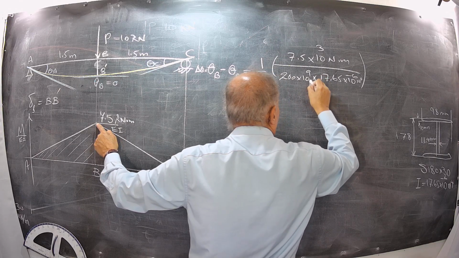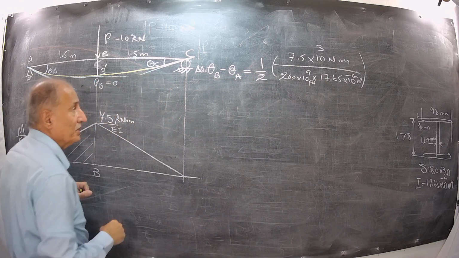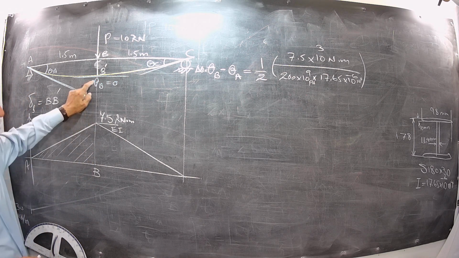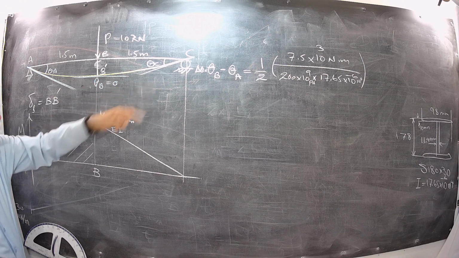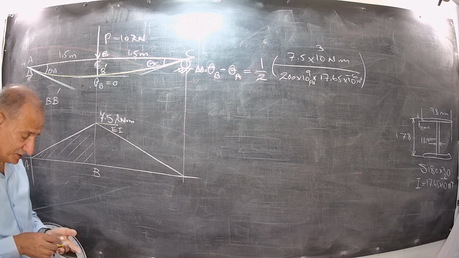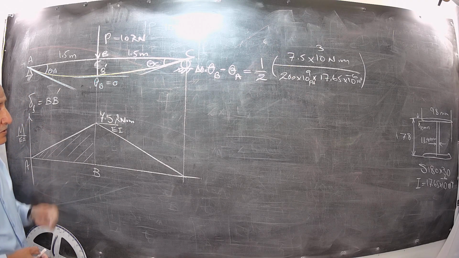This is in radians, the amount of theta B minus theta A, but we know that theta B is 0. Then we can get slope or rotation of the beam at A. That's for the first theorem. We use the moment area method, first theorem.